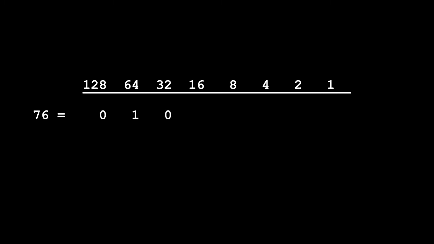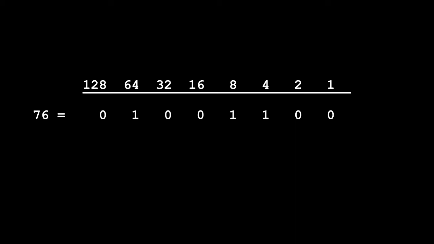No, put a 0. Does 16 fit into 12? No again, put a 0. Does 8 fit into 12? Yes, it does. Put a 1. And that leaves me with 4. Does 4 fit into 4? Yes, it does. That leaves me with 0. So the remaining 2 digits must be 0. So 76 in binary is 01001100. That's how it's done.